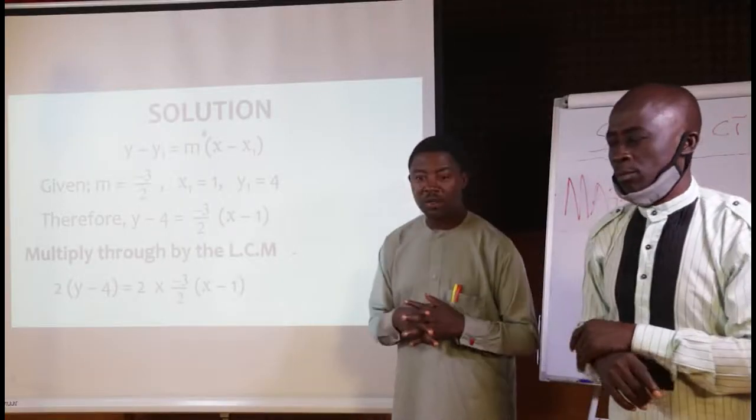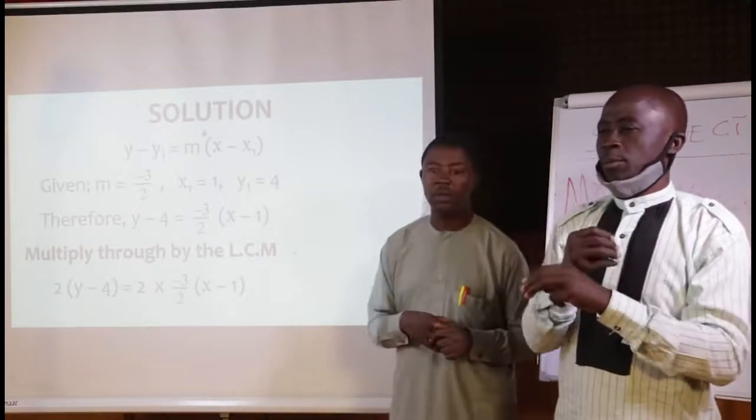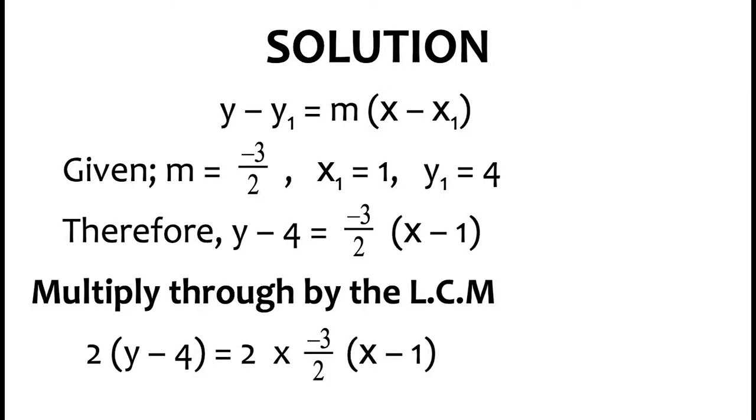So when you multiply through by the LCM, the lowest common multiple, we'll be having 2 into y minus 4 equals 2 multiplying minus 3 over 2, open bracket, x minus 1.